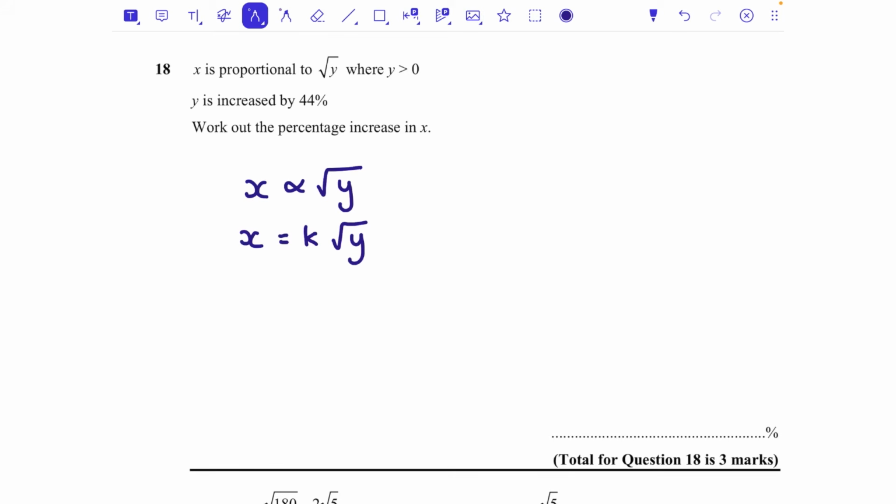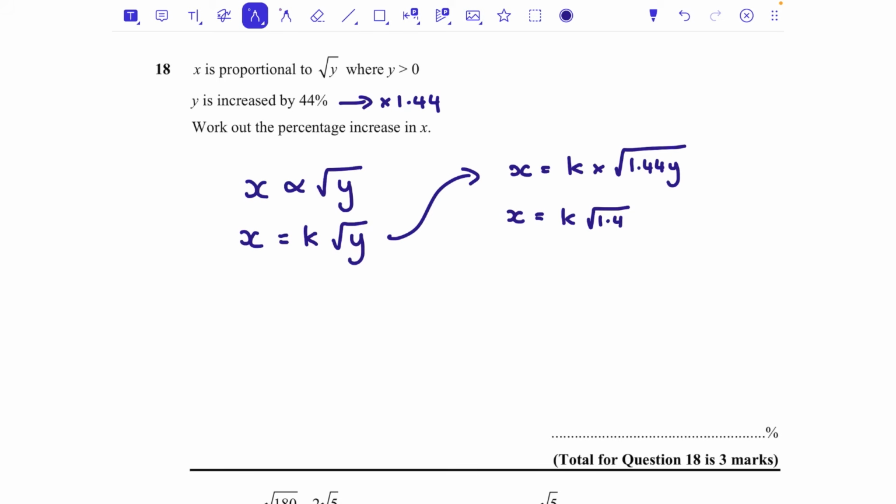Now, if we make y 44% bigger, that is the same as timesing it by 1.44. So that would get us 144%. So I'm going to rewrite this as x equals k times root 1.44y. Now with square roots, we can split them up. So we can say that x equals k root 1.44 root y, and therefore x equals k root 1.2 root y.